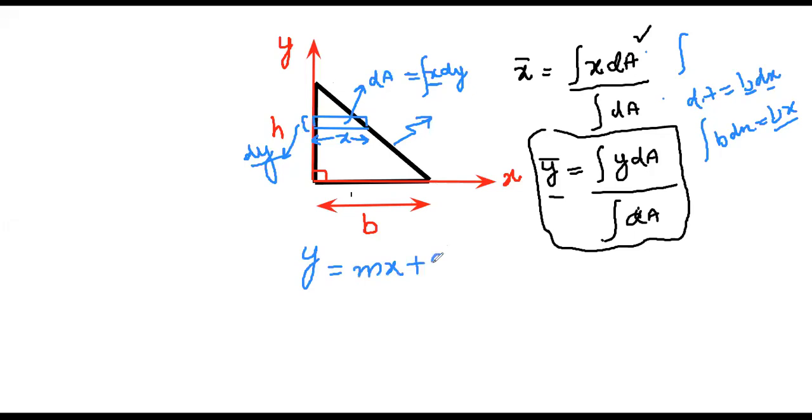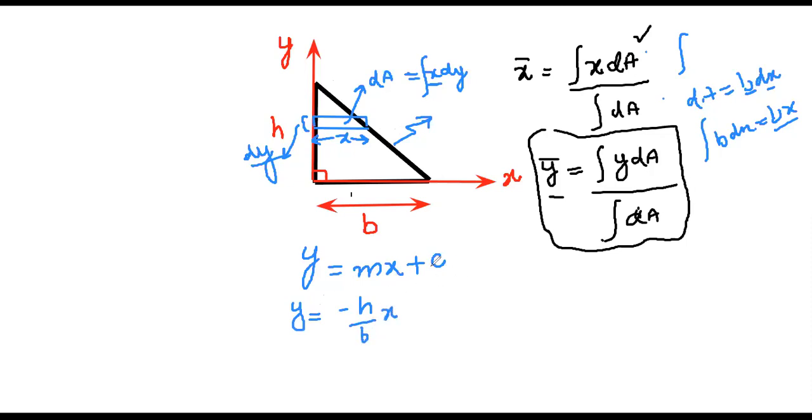As far as m is concerned, m is the slope. As far as this line is concerned, as the value of x is increasing, the value of y is decreasing. It means the slope of the line is a decreasing slope, and when we have a line with decreasing slope, that slope is taken as negative. So we'll write y is equal to minus m x. Now the slope will be perpendicular by base, that will be equal to h by b multiplied by x.